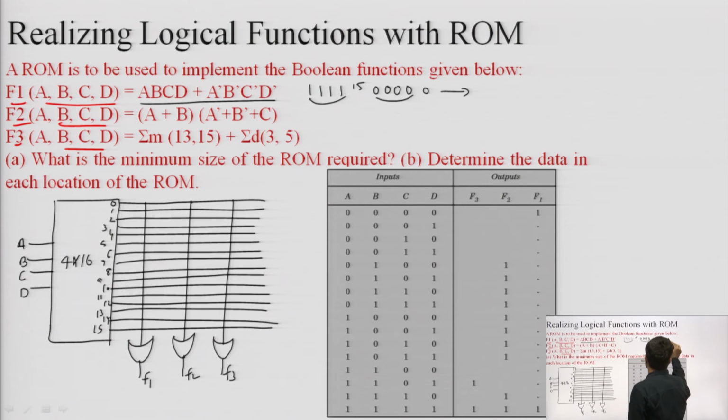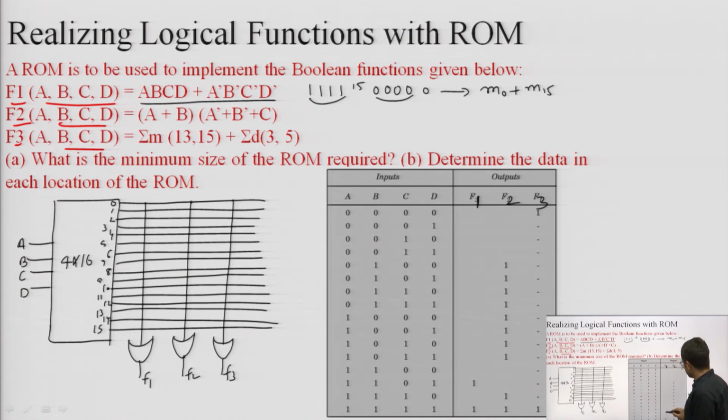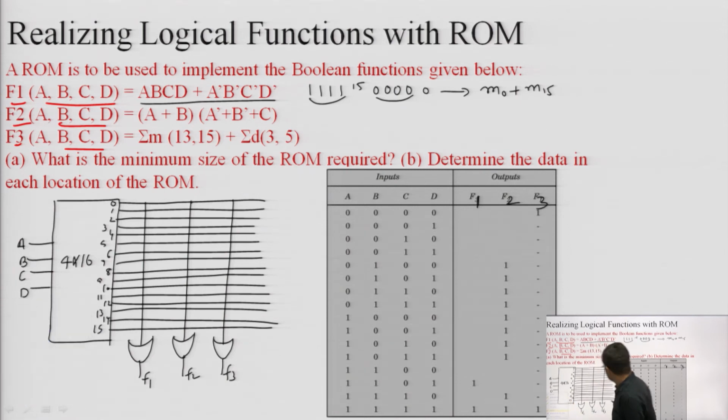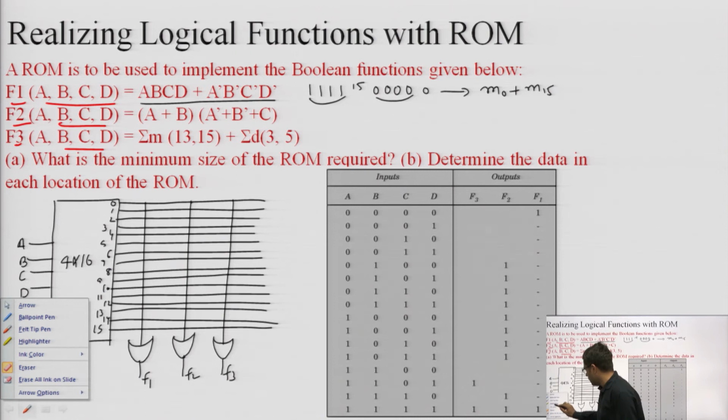Ultimately it becomes M0 plus M15, which is also mentioned in this column. So, this is F1, this is F2 and this is F3. F1, F2, F3 are correctly marked.